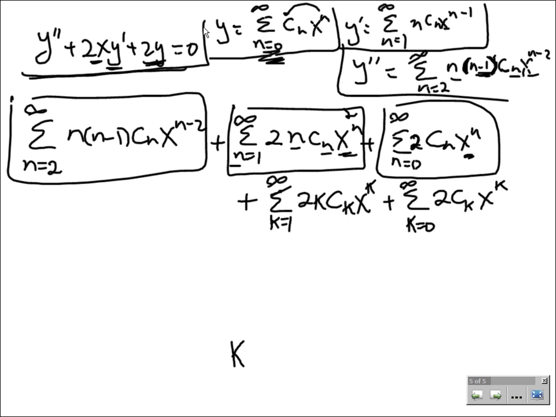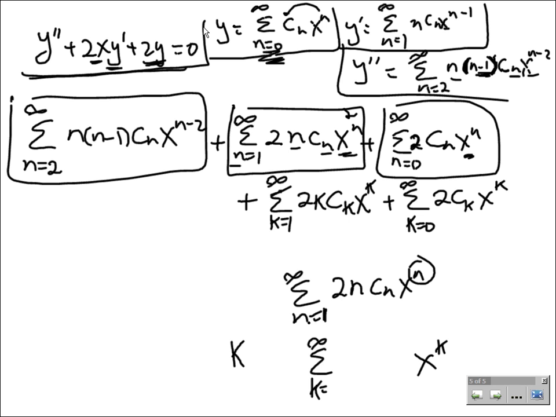If you wanted to do it the way that I was doing it earlier, to verify everything, you can do that. Maybe I don't know where k starts, but I want x to the k. Well, if n starts with 1, then that power will be 1. So if I want this power to be 1, I should let k be 1. The 2 won't change. When n is 1, that's 1.